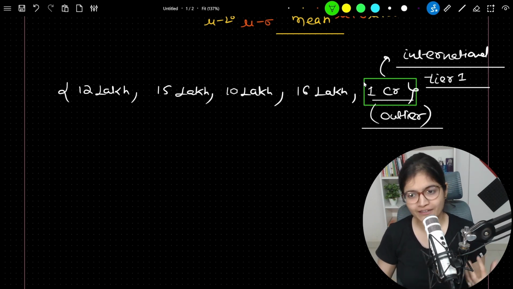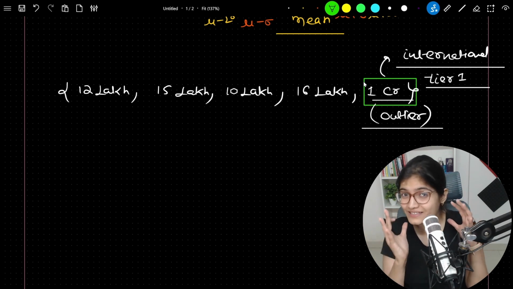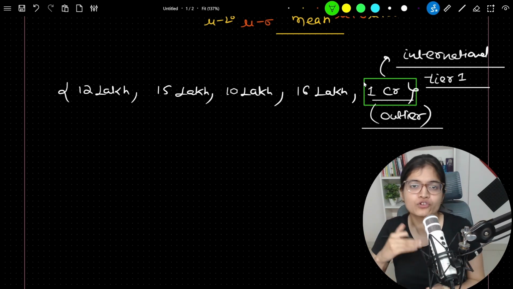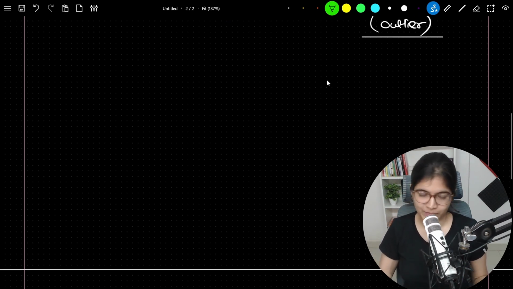Now, one way to handle this is that you can say let's remove this. That's a good idea. But sometimes when we have limited size data, directly removing the outliers leads to the loss of information. So sometimes it is fine.